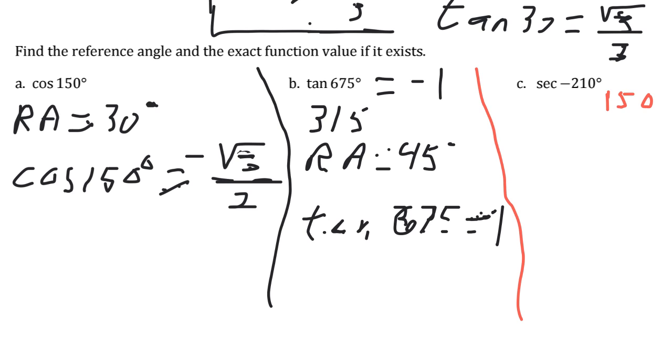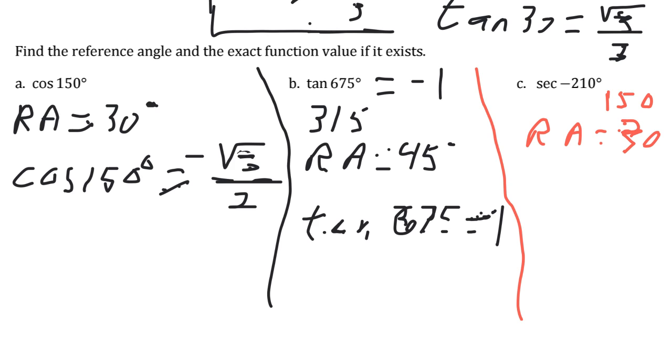So we know that our reference angle is 180 minus 150, which is 30. 30 degrees, reference angle, and secant is the reciprocal of cosine. Well, cosine is root 3 over 2.